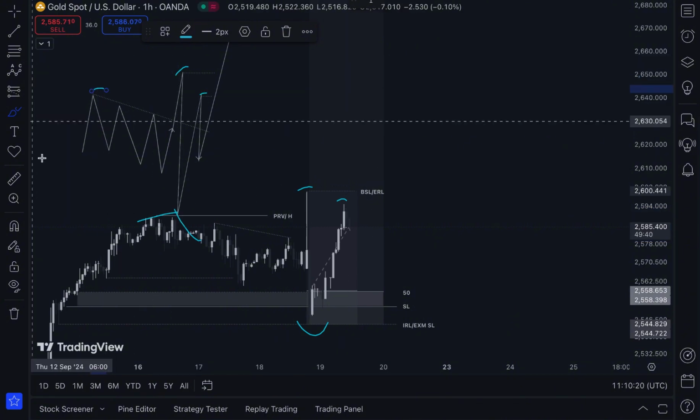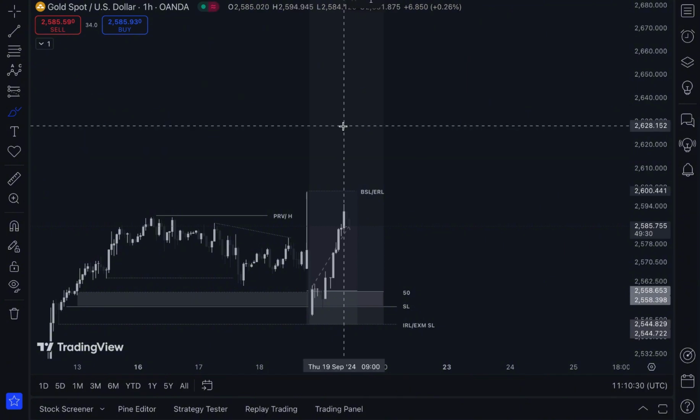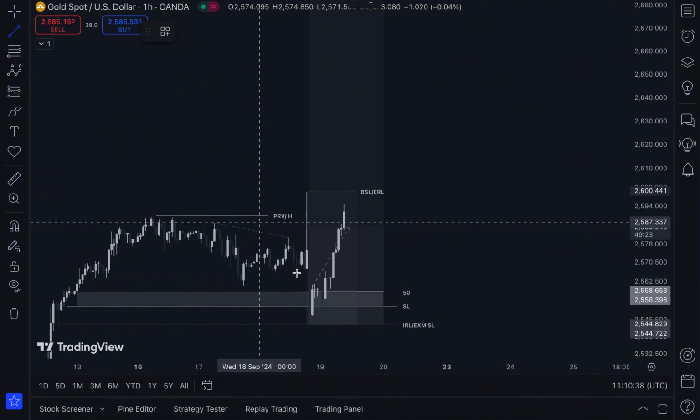What's going to happen? In my opinion, let me just erase all of this. I know what's going to happen. Well, let's do it. We'll mark this area. Okay, let's go on a new chart because this is my old chart. Where is it?